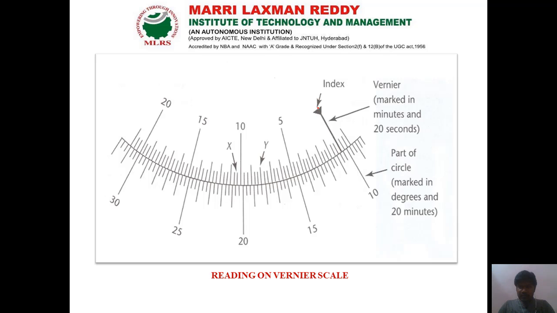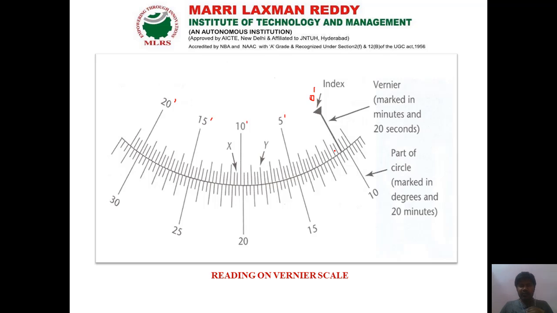In front of the index we have 0 minutes, 5 minutes, 10, 15, 20, and the small measurements here are 20 seconds, 40 seconds, then 1 minute, 1 minute 20 seconds, 1 minute 40 seconds, 2 minutes, 2 minutes 20 seconds, 2 minutes 40 seconds, likewise.